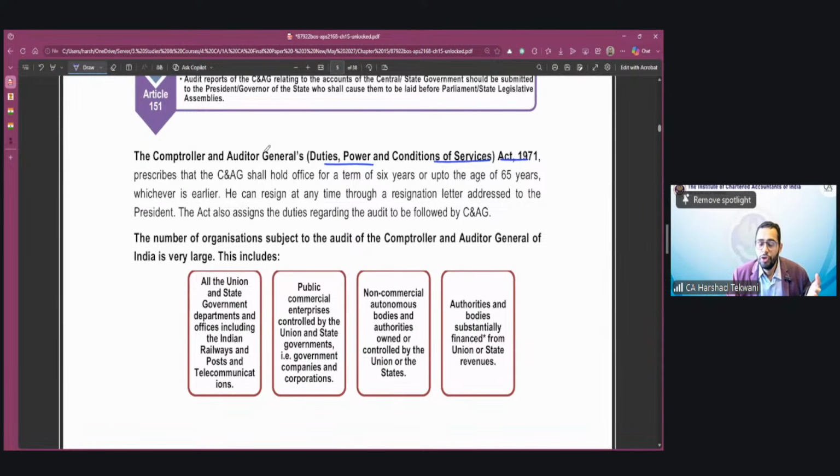So from here we are talking about how and in what way the audit framework is there. Clear? We'll not go into detail of the DPC Act, but I'm talking about how the powers are flowing, how the framework for the audit is there in the DPC Act.